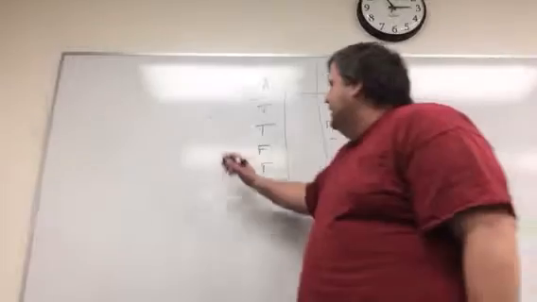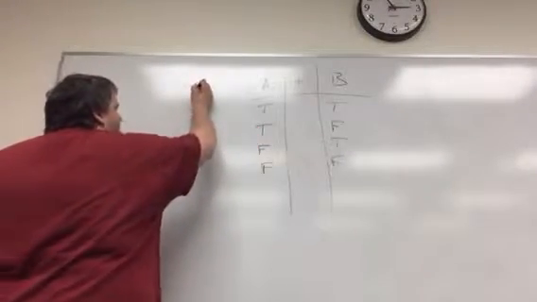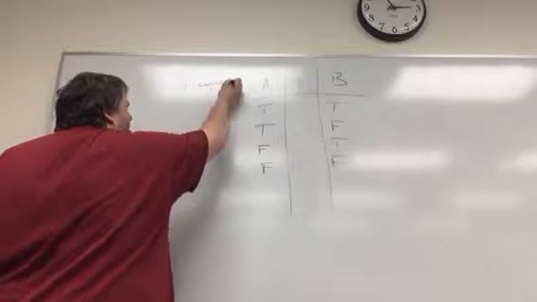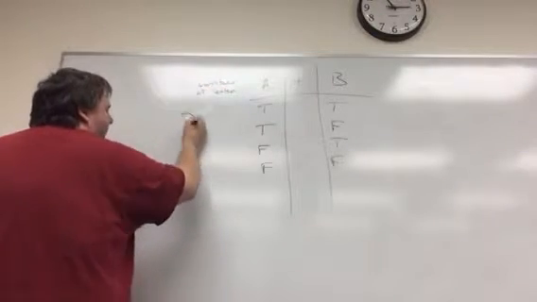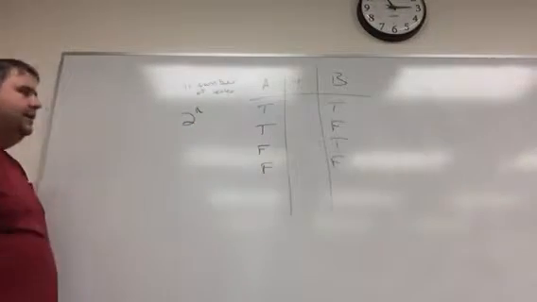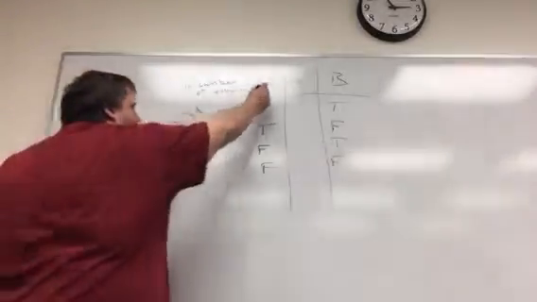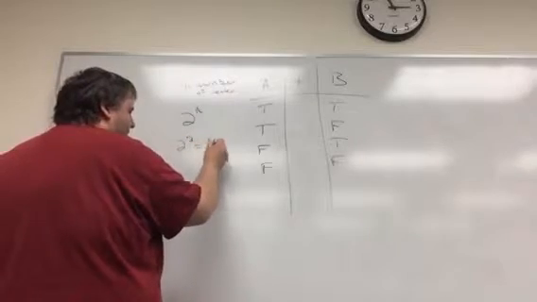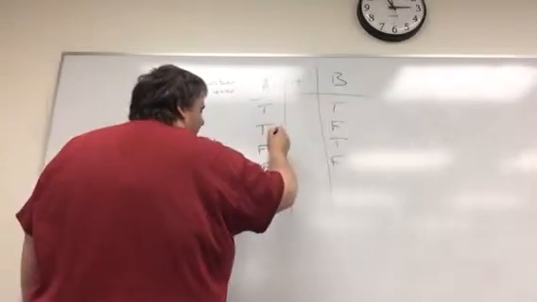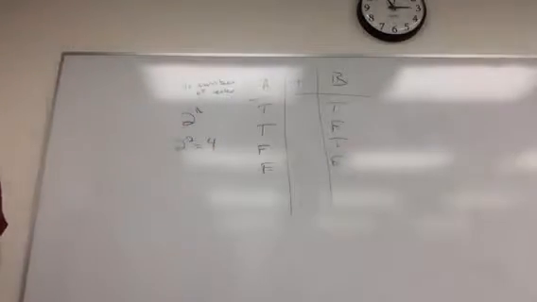There's a mathematical rule: n equals the number of letters, and 2 to the power of n determines how many lines you need. Now you say, well, why? Well, if you have 2 letters, 2 to the power of 2 equals 4, and that allows us to have every possible combination of truth and falsity.